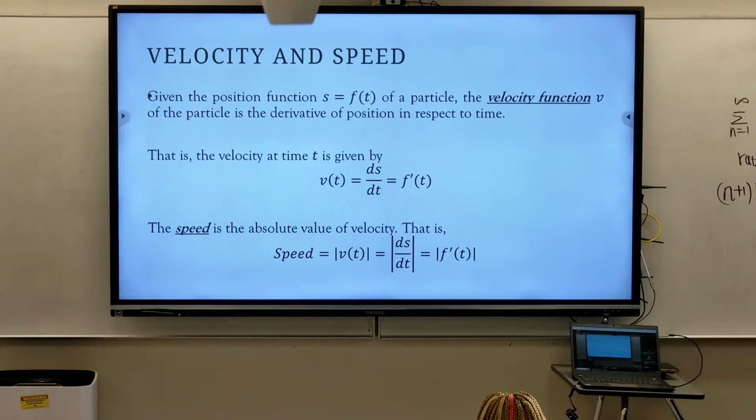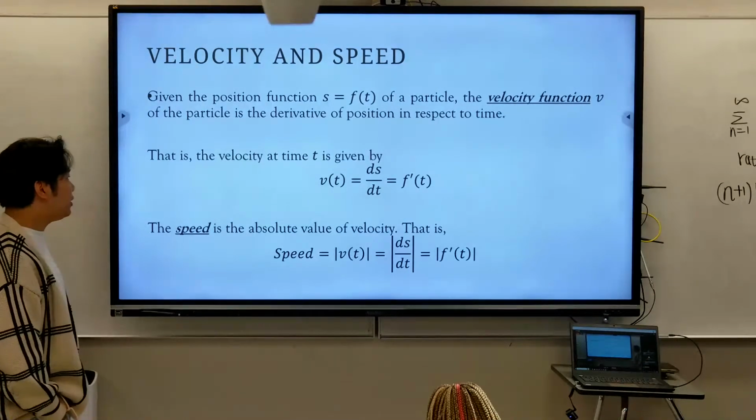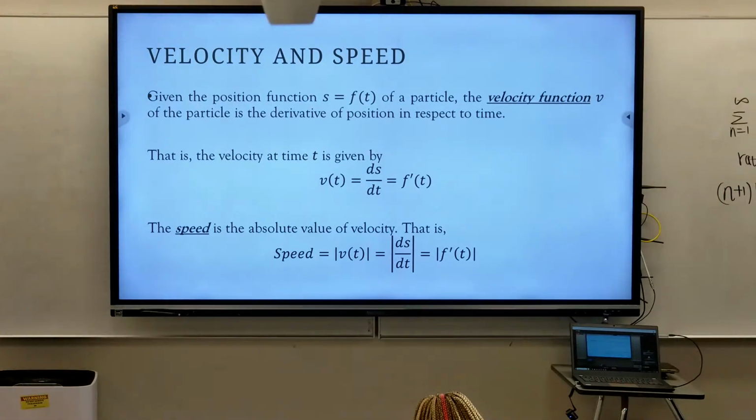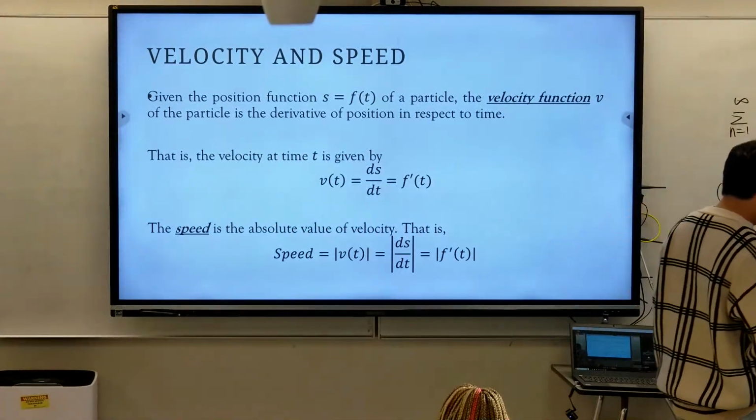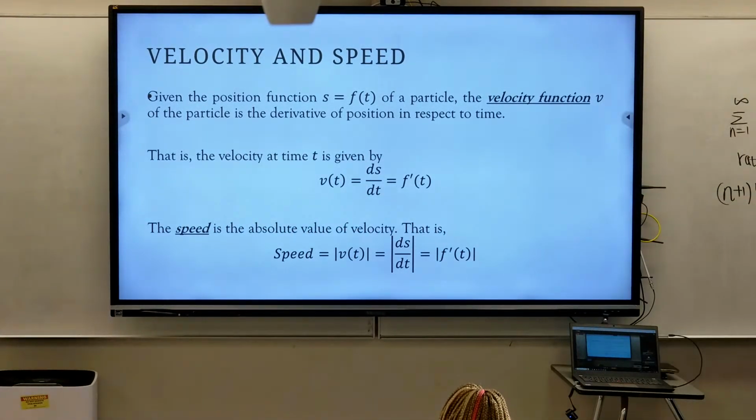So if I have a position, again, we know position is denoted by S. The velocity function, for which we use V for velocity, is the derivative of position with respect to time. Or often you're just going to hear me say, how do I get velocity?